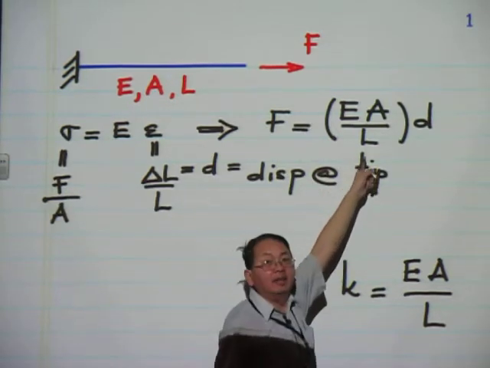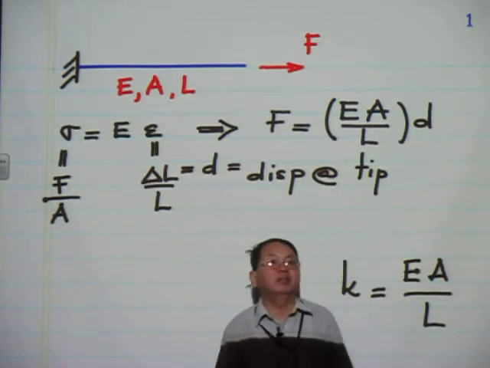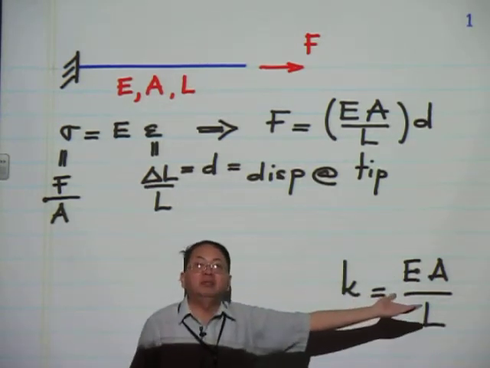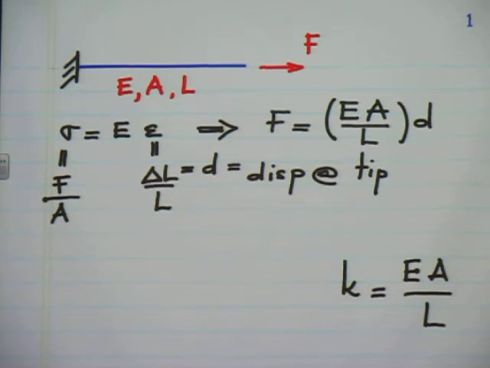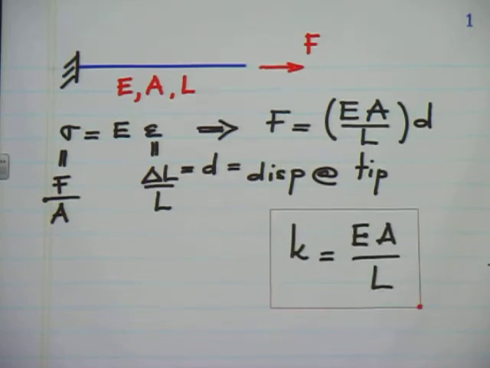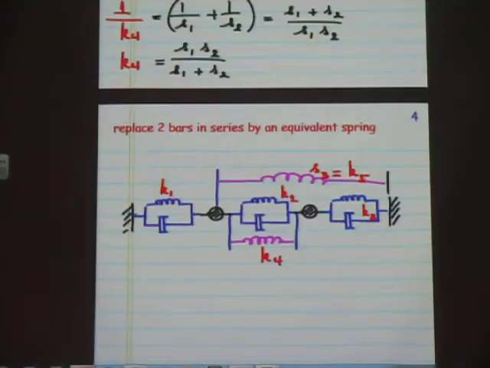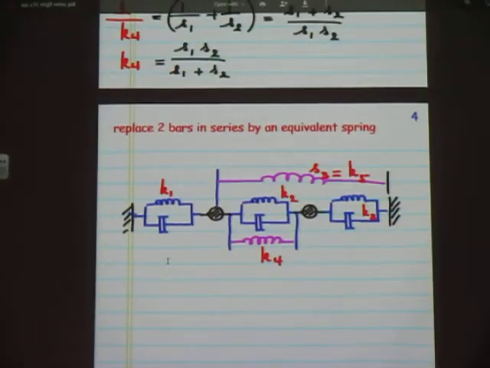And so this is K, this is the equivalent spring constant. That's it, the formula has been rigorously derived from mechanics of materials. So there's no longer a need for memorization. You see the derivation is simple, it's fundamental, and that's the kind of learning you want to emulate rather than memorization.